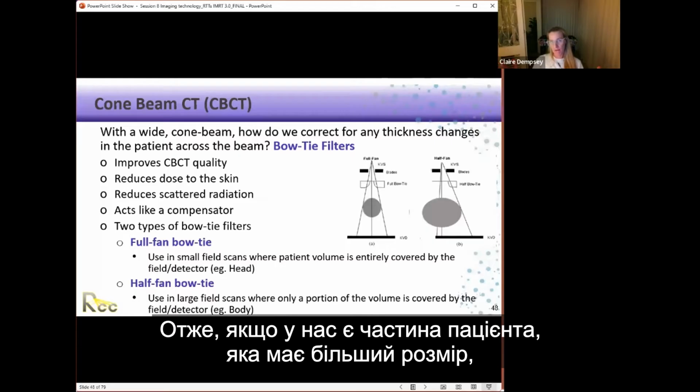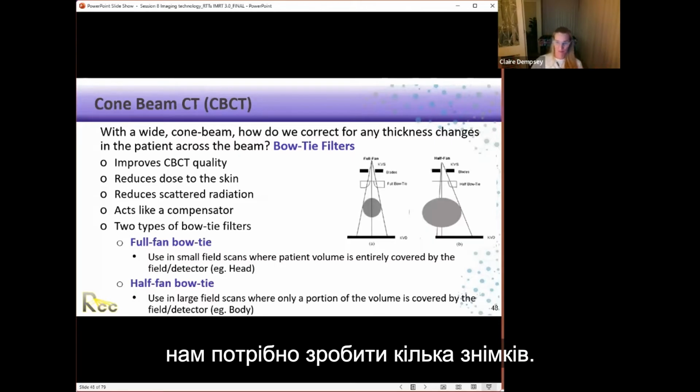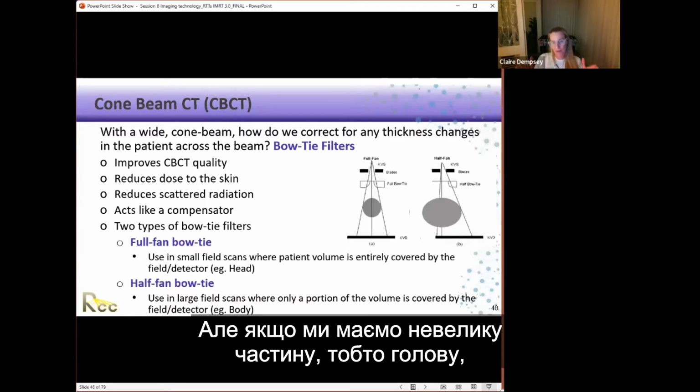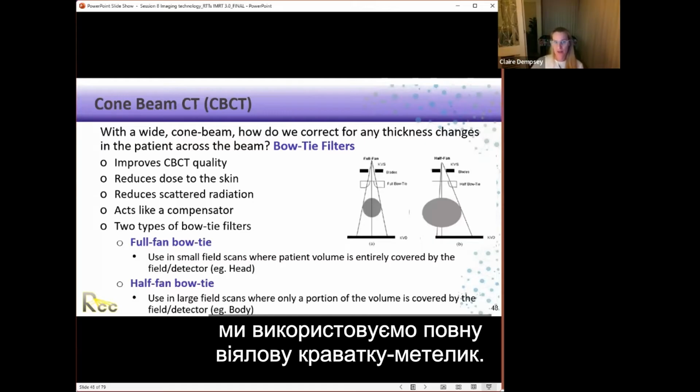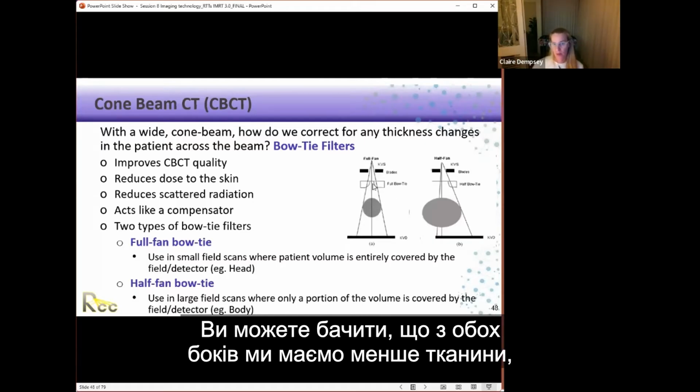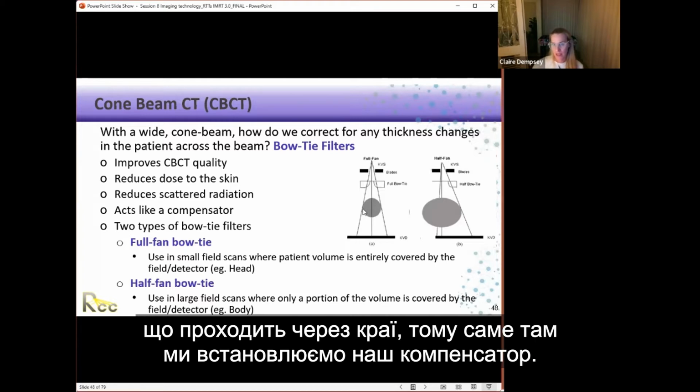So if we have a part of the patient that's bigger than that, we need to take multiple images. But if we have a small part, like a head, where the head volume is entirely covered by the detector, we use a full fan bow tie. You can see on both sides we've got less tissue passing through the edges, so that's where we put our compensator in.